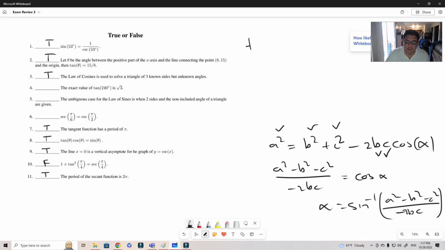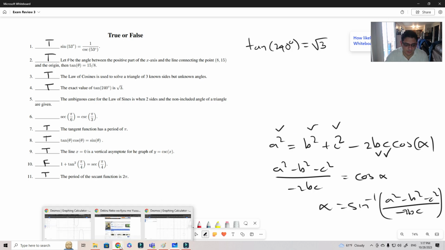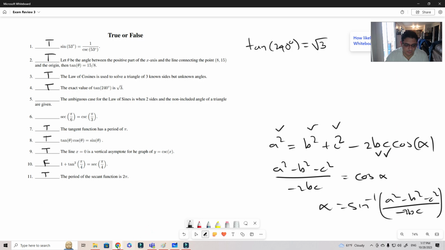So the easiest way to go about doing this is go to your calculator, plug in the tangent of 240, and write down a number. And then later write square root of 3 in your calculator and see if the number is the same. If the number is the same, you're done. And in this case, that's what's going to happen.